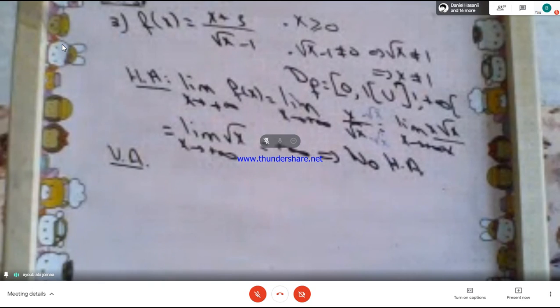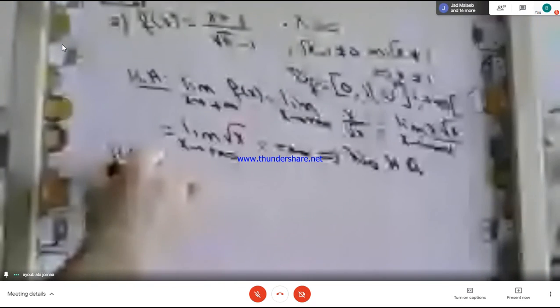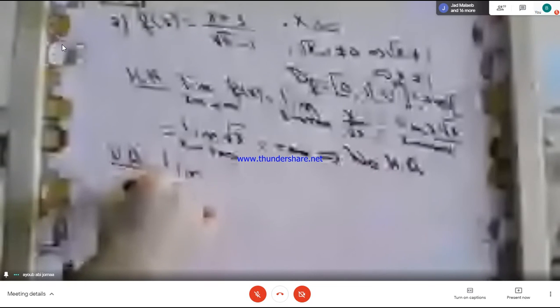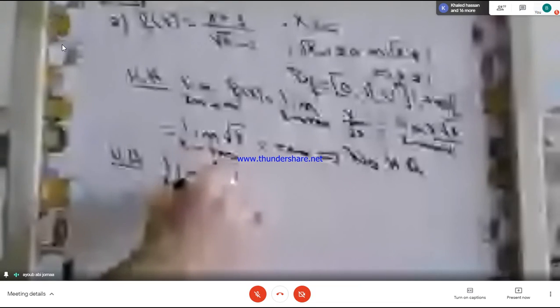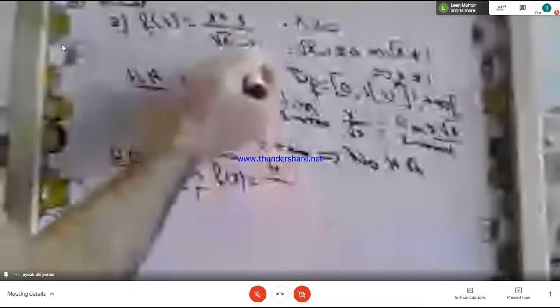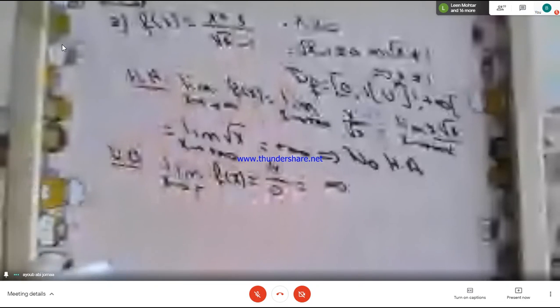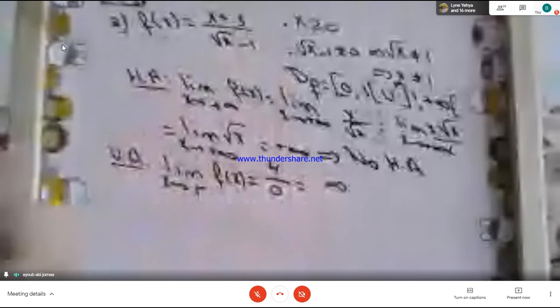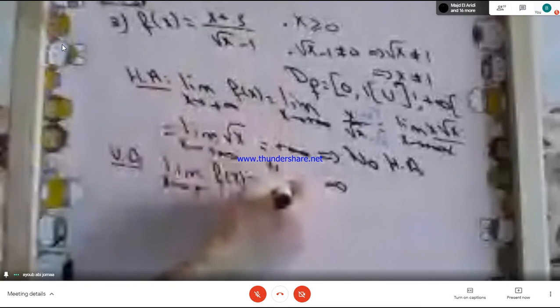Now for the vertical asymptote, x not equal to 1. The limit as x approaches 1 minus of f of x is 1 plus 3, 4, over radical 1 minus 1, 0. Number over 0 is infinity. To choose a number slightly less than 1, take 0.9, the answer will be negative.